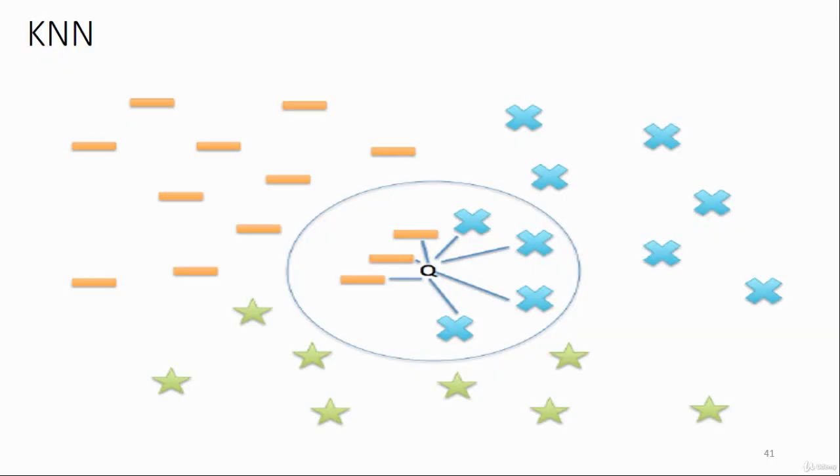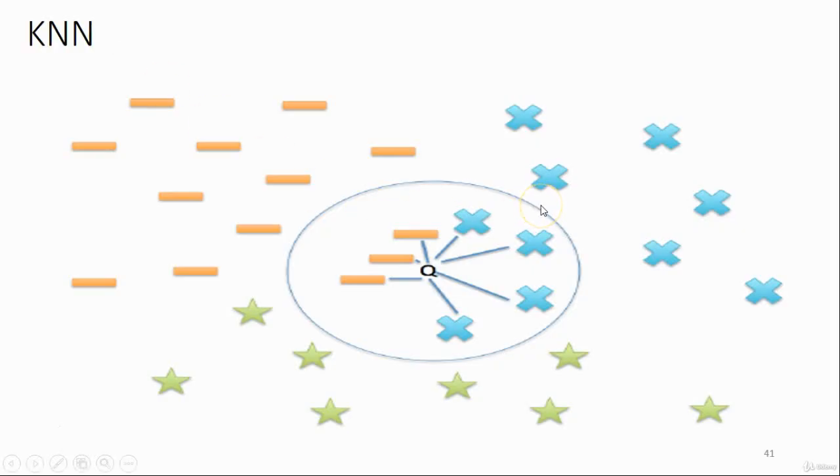K means the number of neighbors, and N means nearest, and the second N means neighbor. That number K is your number of nearest neighbors. Even in the case of k-means, k is your number of clusters. Similarly, here k is the number of neighbors and n is nearest neighbor.